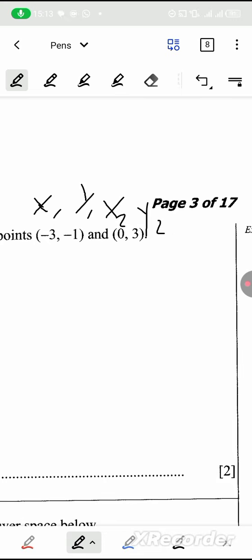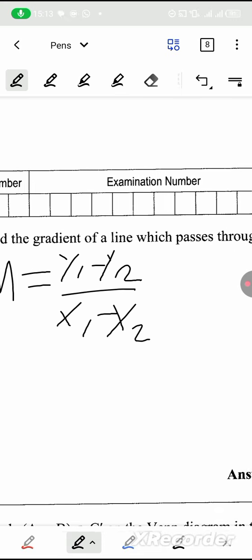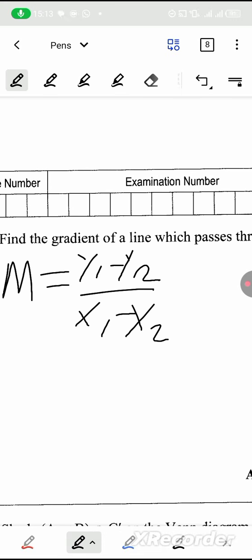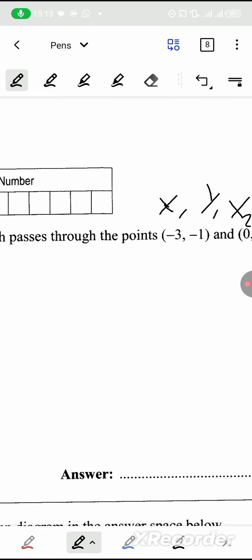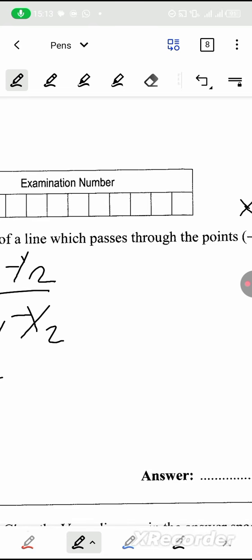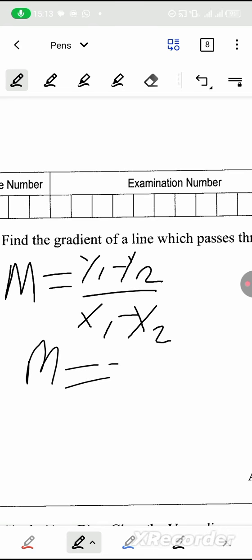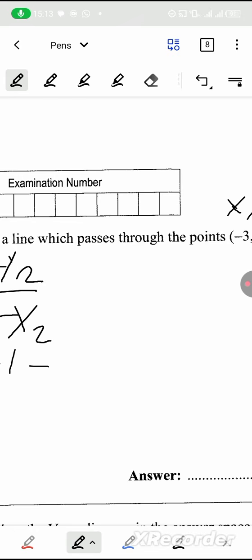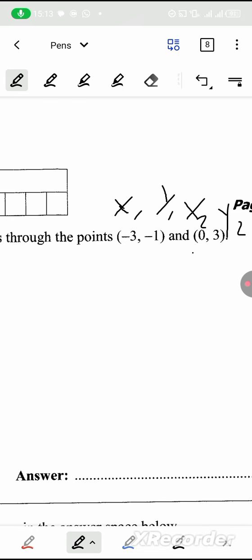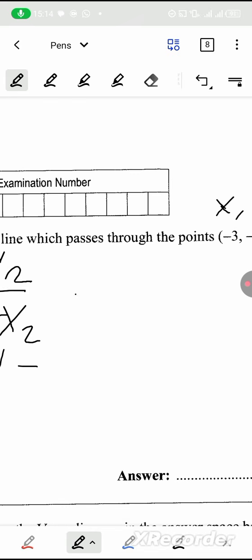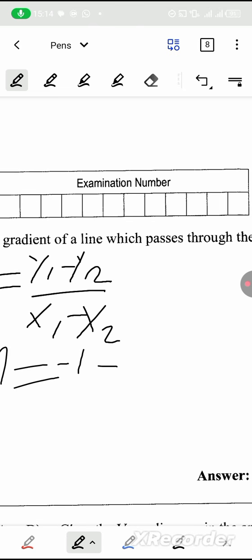So let us now substitute in the formula. M is equal to, then y1 is what? y1 is -1, so where there is y1, we put -1. Then minus. What about y2? y2 is 0, so we write 0 there. Then over.